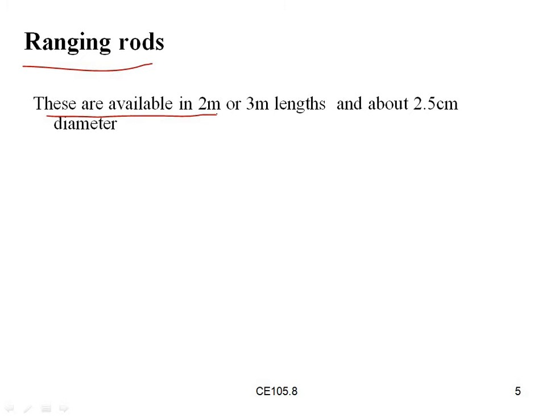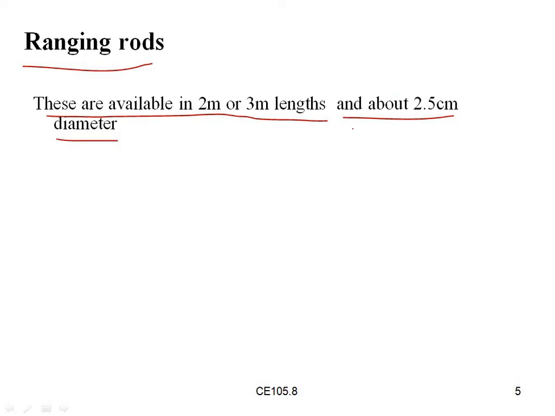These are available in 2 meters or 3 meters length and about 2.5 centimeters diameter, in round shape. These ranging rods are used for marking positions on the ground, for checking whether they are in a straight line, and for sighting the object.